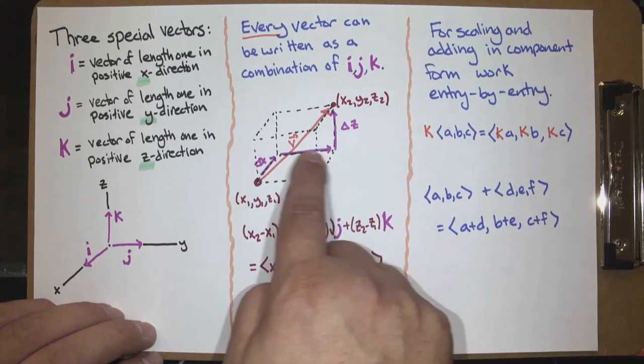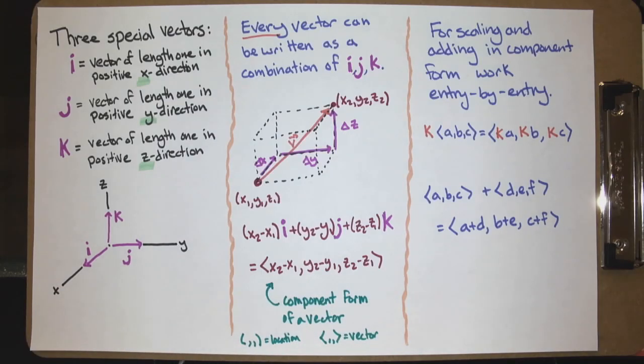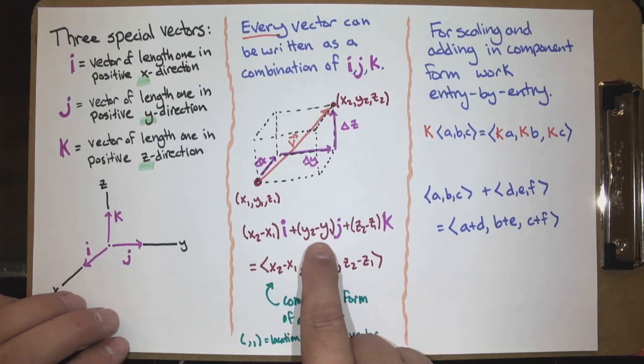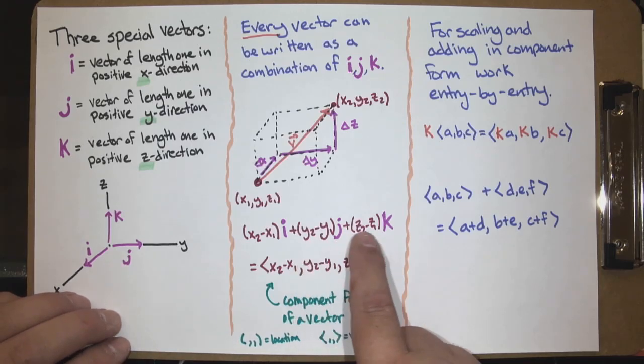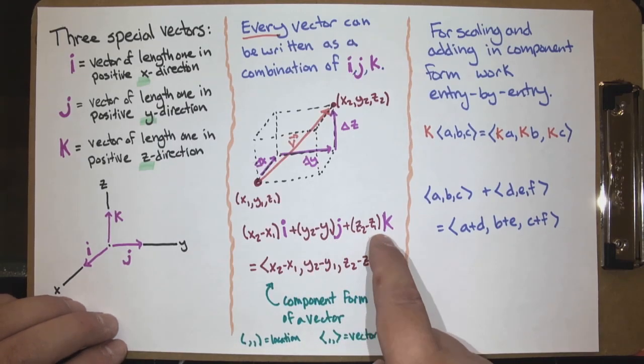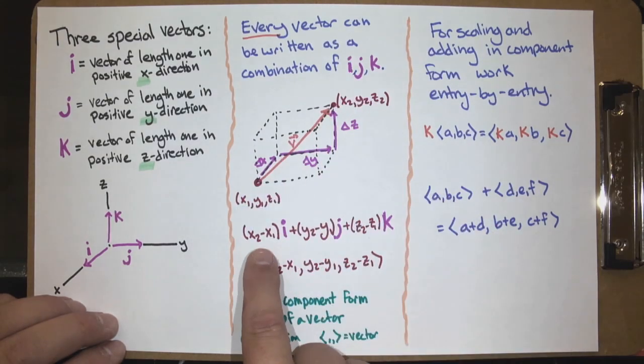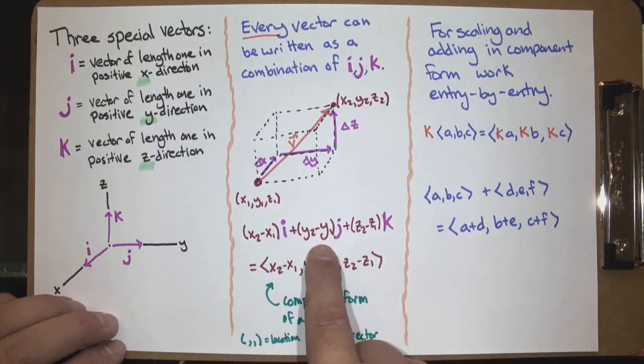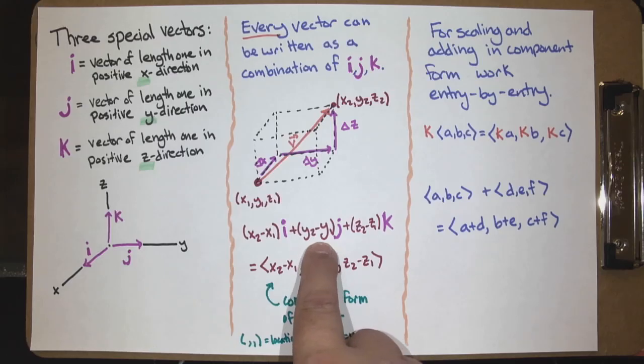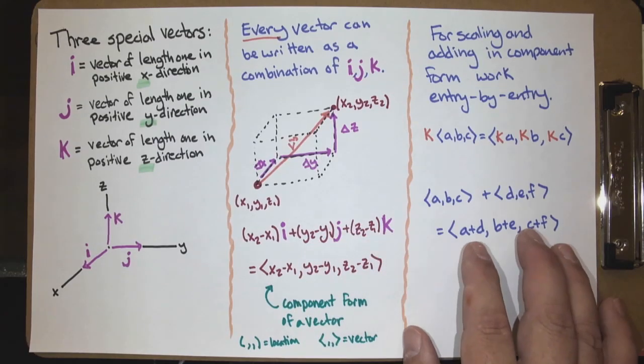This vector, it's parallel to y, which means it moves in the y direction, so it's parallel to j. So it's some multiple of j, because if we're moving in the same direction, we differ by scaling. How much? It's the change in the y coordinates. And similarly, the z. So if I want to know what's the vector that goes between them, I just take the difference in x times i, difference in y times j, and difference in z times k.